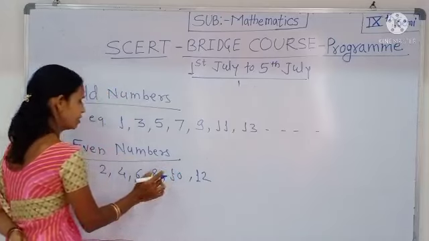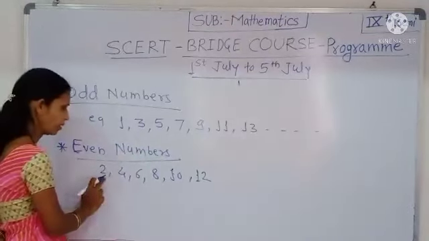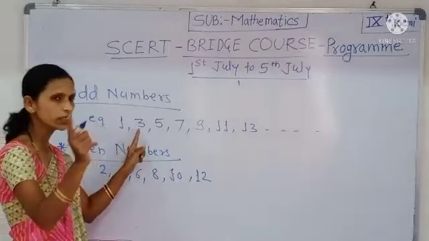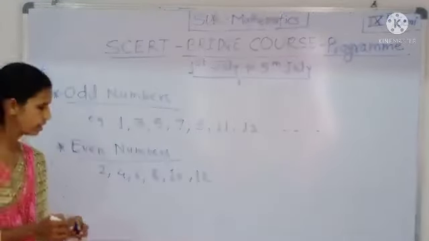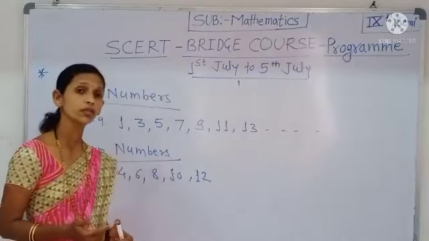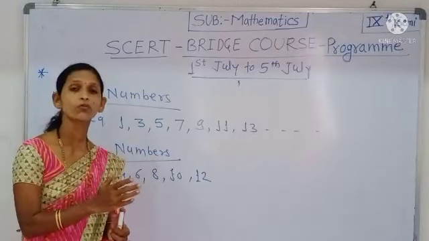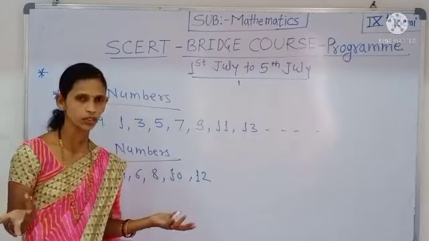That means the numbers which are divisible by 2 are even numbers, and the numbers which are not divisible by 2 are odd numbers. You can find the even numbers and odd numbers from 1 to 100 as well as 1 to 1000.